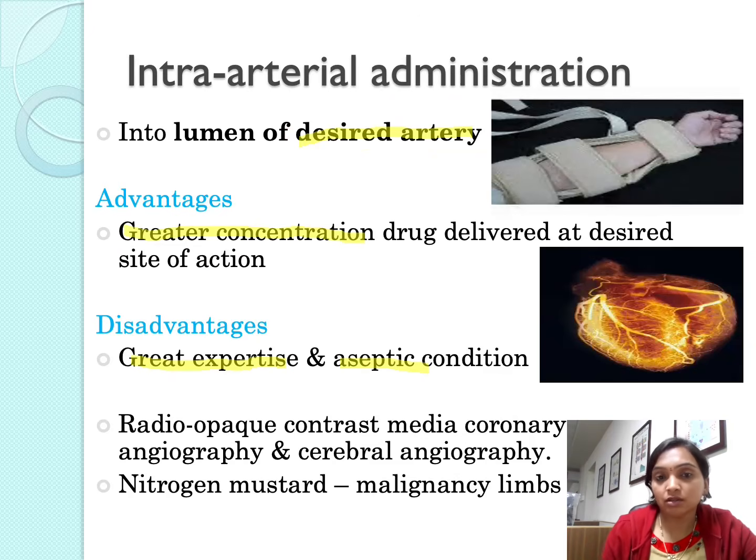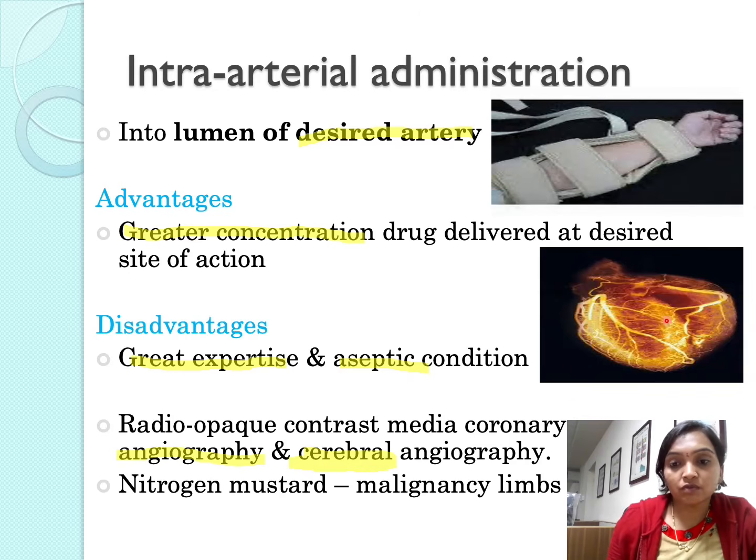This is mainly used for diagnostic purposes, mainly angiography, coronary or cerebral, all those angiographies is where we mainly prefer, to see any clots or any conditions, any diseases.